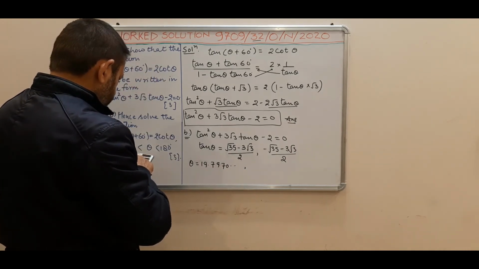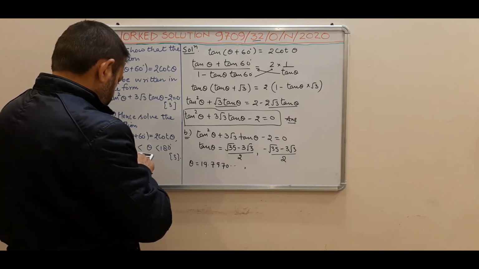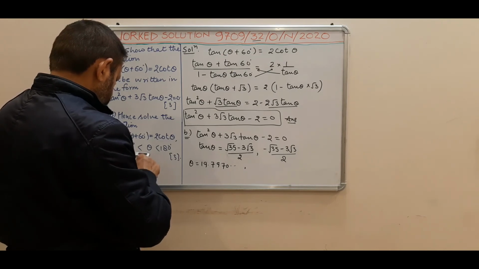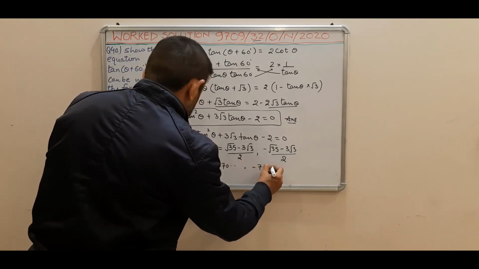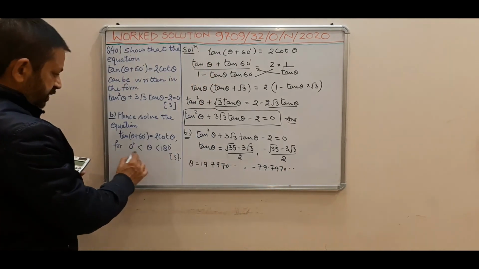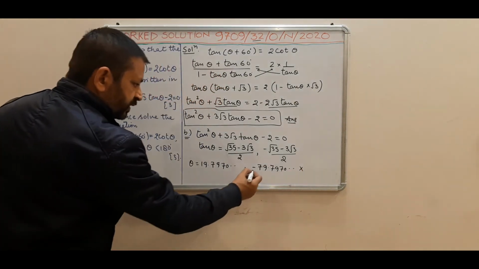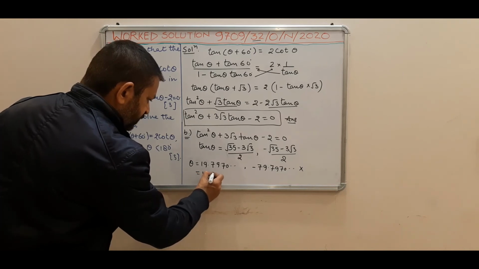The other value, this is 3 root 3 and minus here, will give minus 79.7970 and so on. But if you check, the given range is in between 0 and 180, so we cannot have a negative answer, so we can leave this answer. So one answer is this, which will become 19.8 degrees.